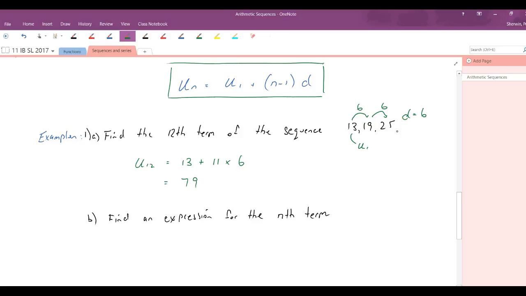So we've got there. We could have just gone 13, 19, 25, adding 6, 31, 37, kept going, and we'd have eventually got to 79 by the 12th term. However, using this formula, we're getting there fast. Imagine the 1200th term or the 800th term. Of course, this is for low numbers here. Yeah, we could do it manually, but we're looking to use maths.